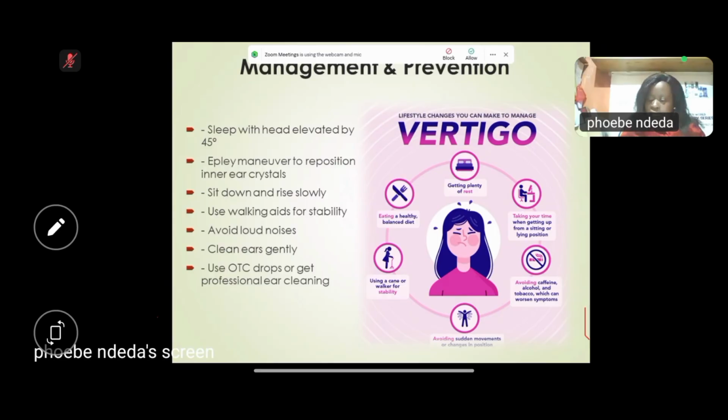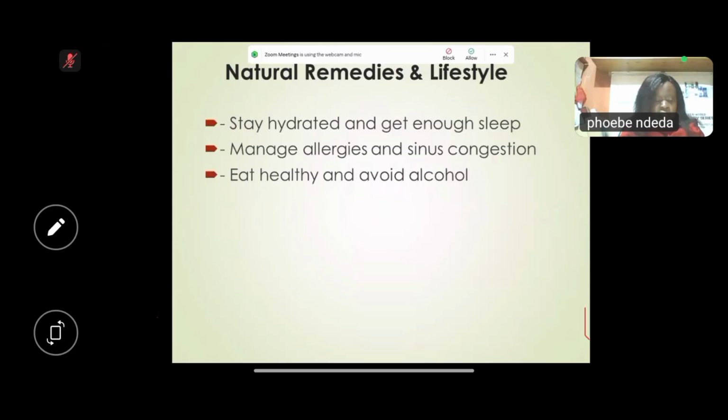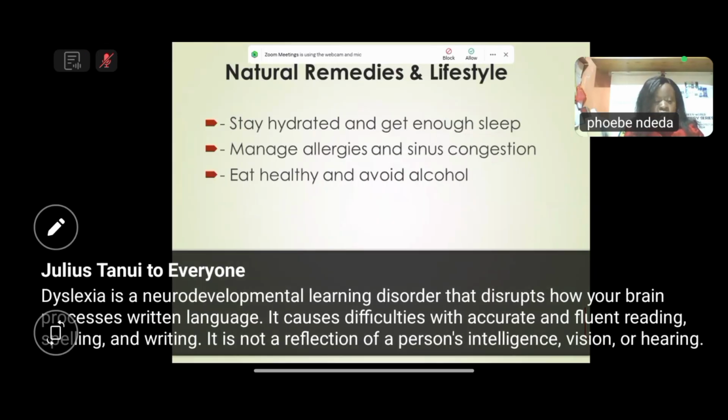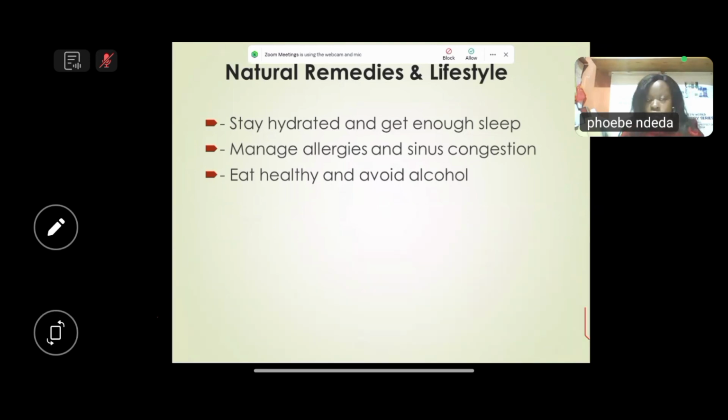So before we proceed, what is the difference? Because you hear vertigo and then you hear dizziness. Somehow they are so close. While both involve feelings of imbalance and disorientation, vertigo is characterized by a sensation of spinning or movement when a person is stationary.